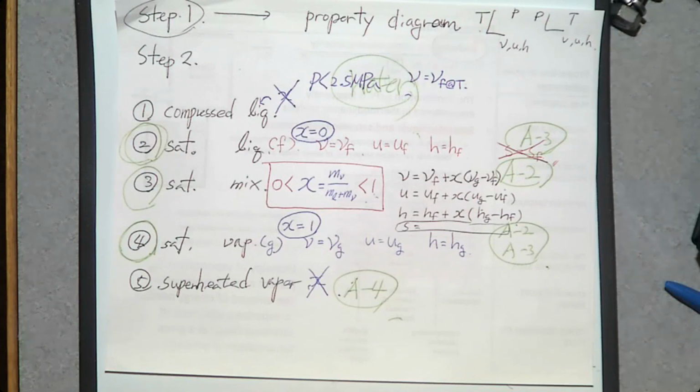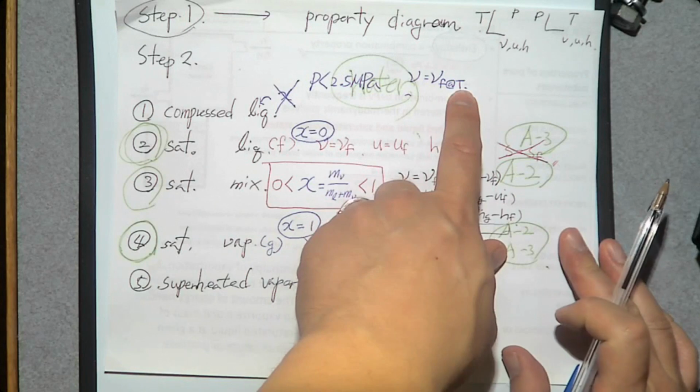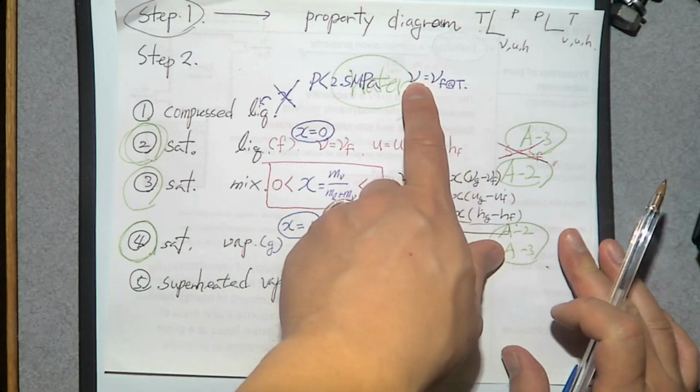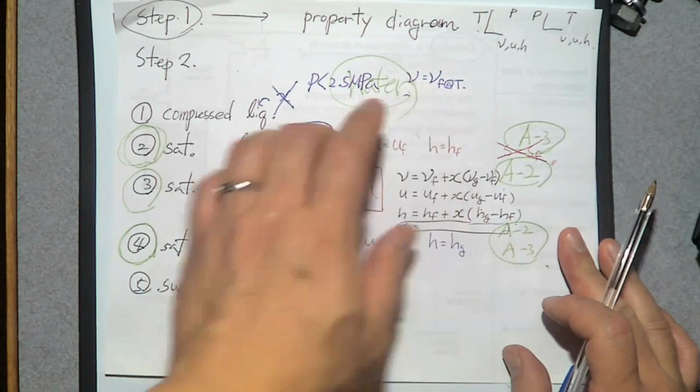But from 1 atm to 2 atm, 3 atm, no, it doesn't change. So as long as temperatures are the same, the pressure change doesn't matter. As long as temperatures are the same, we assume that saturated liquid and compressed liquid have no difference.